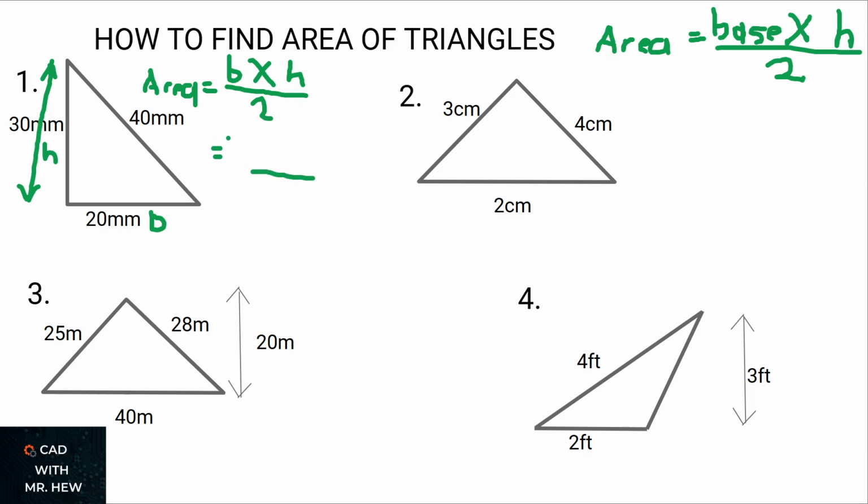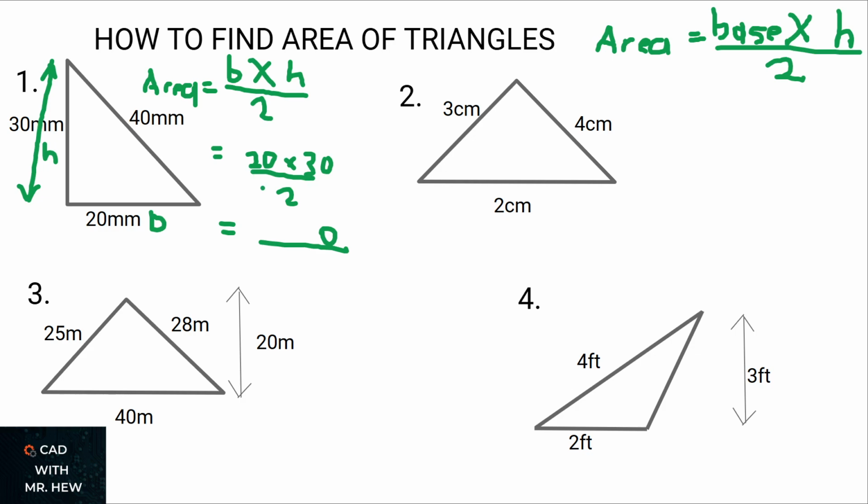The base would be 20. The height would be 30. And this will be divided by 2. So 0 times 0 is 0. 3 times 0 is 0.